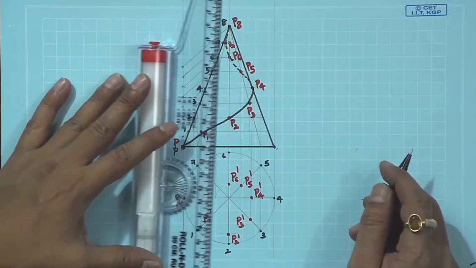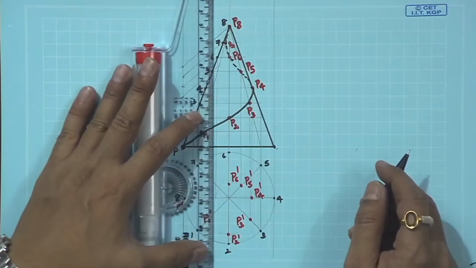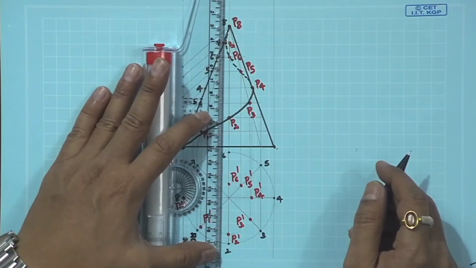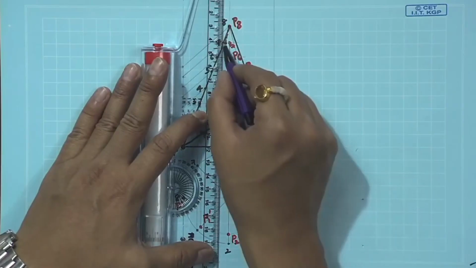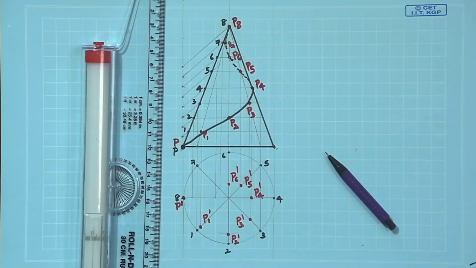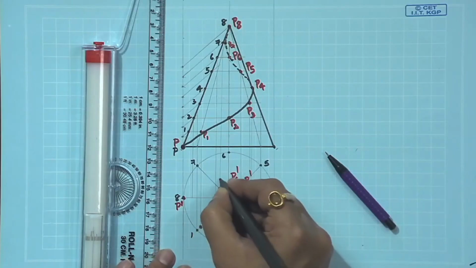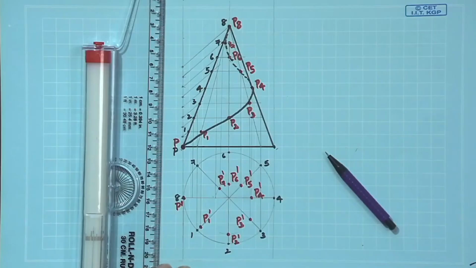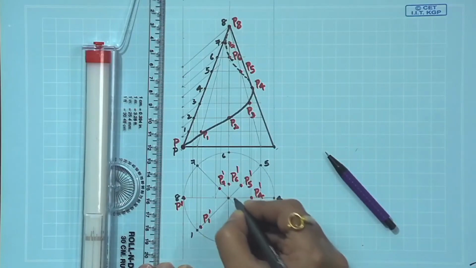P7 passes via 7, it intersects this point, call this one P7 prime, and P8 anyway here.